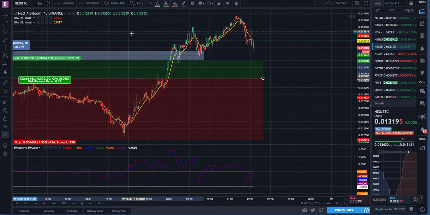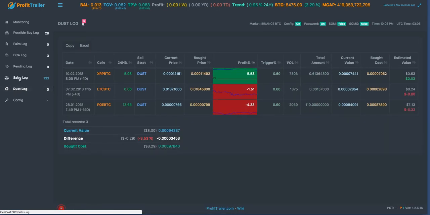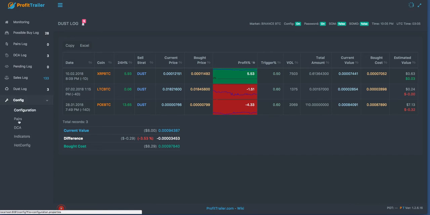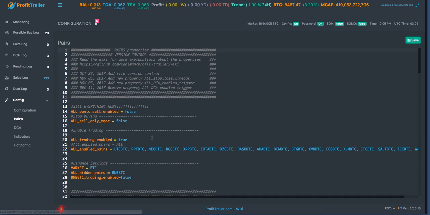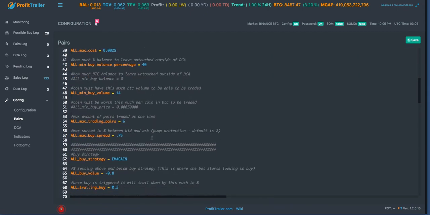So I wanted to go through that with everybody because I had a misunderstanding about that. And if you look at my pairs log, not my dust log, my pairs log, my configuration, excuse me, let me get into my pairs file. And I actually made an adjustment to account for this.